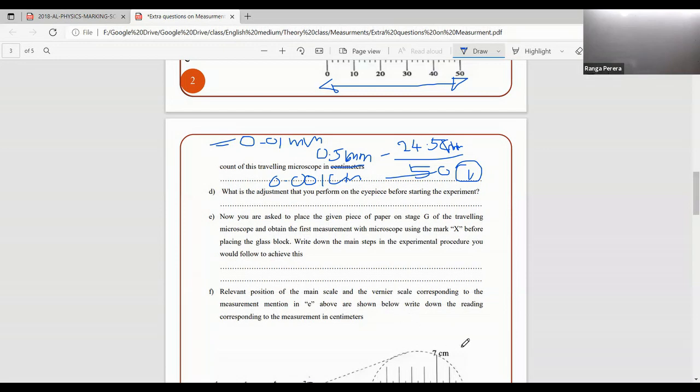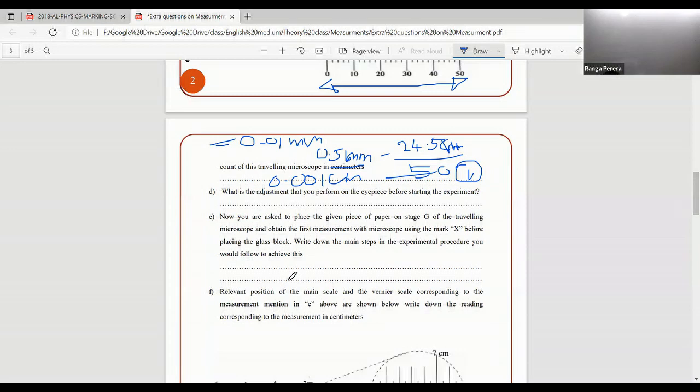Let's move to part D. What is the adjustment that you perform on the eyepiece before starting the experiment? So you should focus the crosswire of the microscope. I told you, you should look through the eyepiece until you get a clear image of the crosswire.